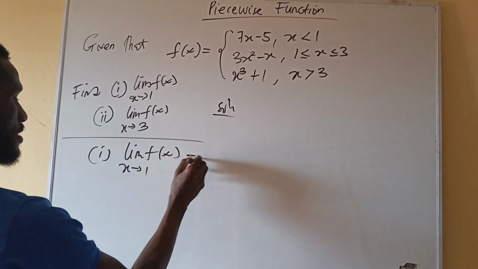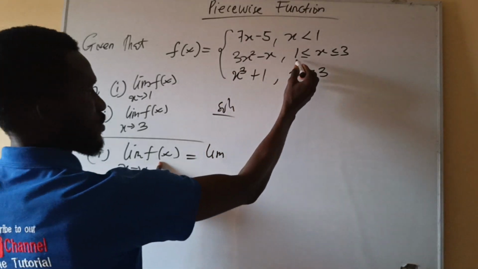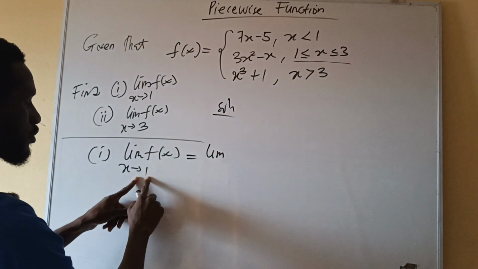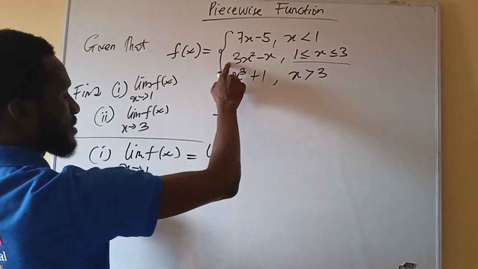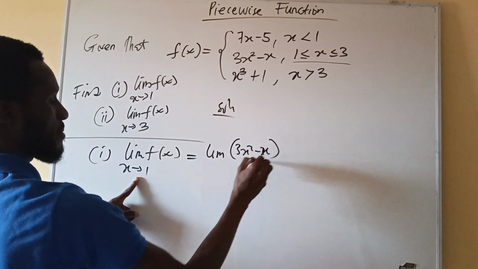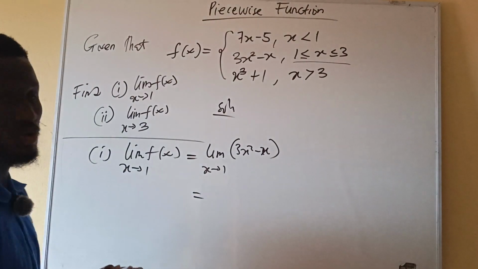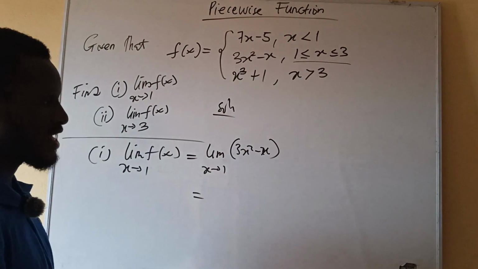So the whole thing will be limit of what? F of s. Now, since s approaching 1 will be falling here, I'm going to consider this one as my function, s squared minus x, where s is approaching 1. And don't forget that the moment s is approaching 1, it means where we see s, we put 1 there.